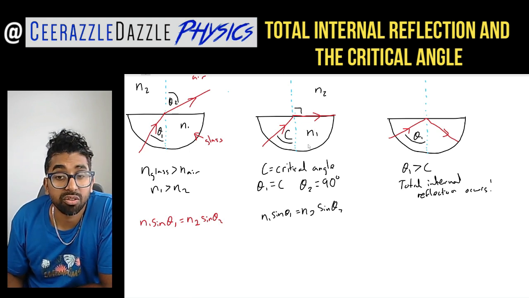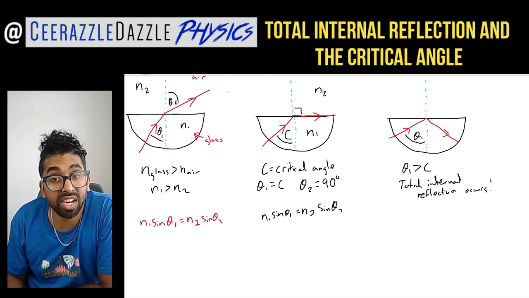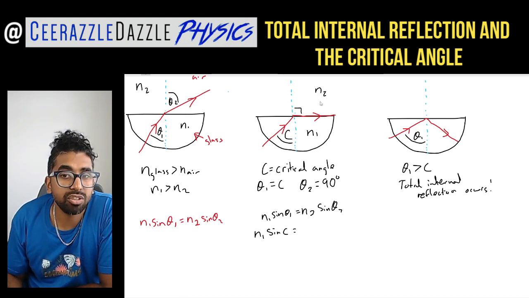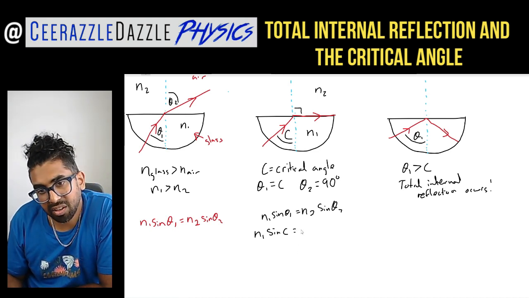We also know that the refractive index of the first medium must be greater than the refractive index of the second medium. So we leave n1 over here, then sine of the angle C, then n2 over there.